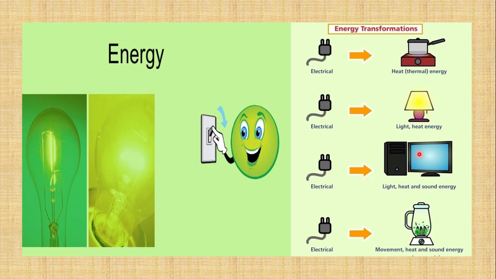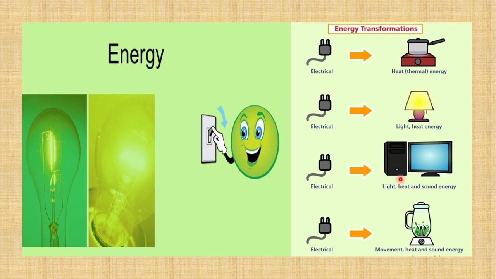It produces light, it produces sound energy, and it also produces heat. So various forms of energy are produced. In a blender, electrical energy converts into movement. It produces sound energy, and also produces heat energy.